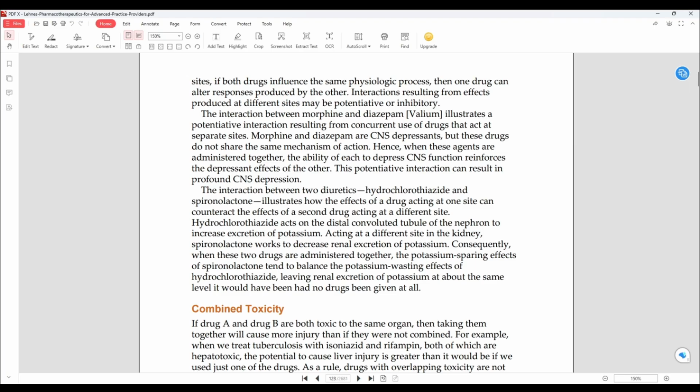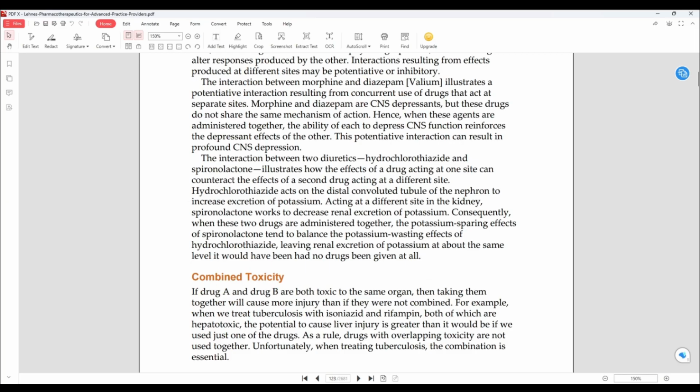The interaction between morphine and diazepam illustrates a potentiative interaction resulting from concurrent use of drugs that act at separate sites. Morphine and diazepam are CNS depressants, but these drugs do not share the same mechanism of action. Hence, when these agents are administered together, the ability of each to depress CNS function reinforces the depressant effects of the other. This potentiative interaction can result in profound CNS depression.